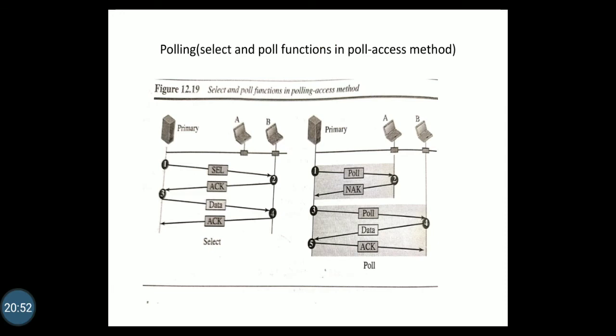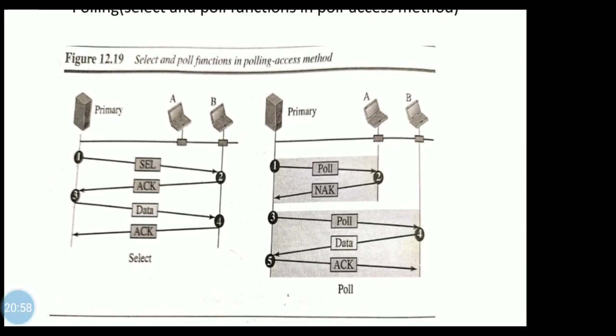So this is the diagram that is showing the select and poll functions in the poll and select method. Here is poll. It will poll each device in turn. First it will ask this device whether it has something to send.